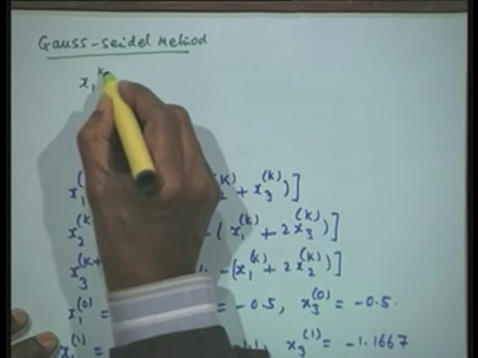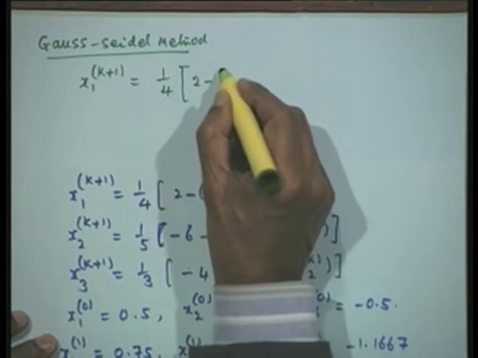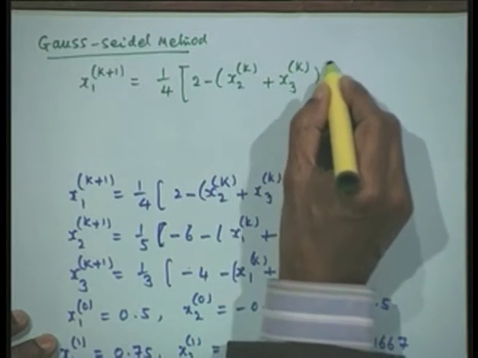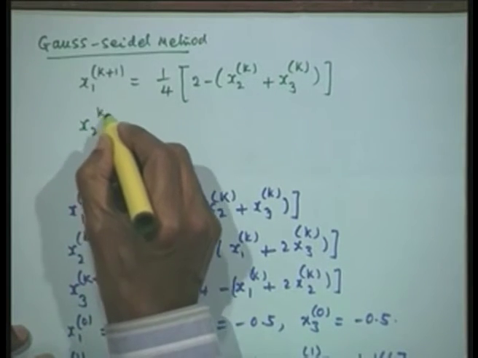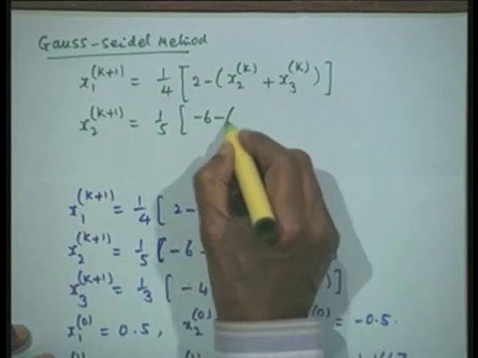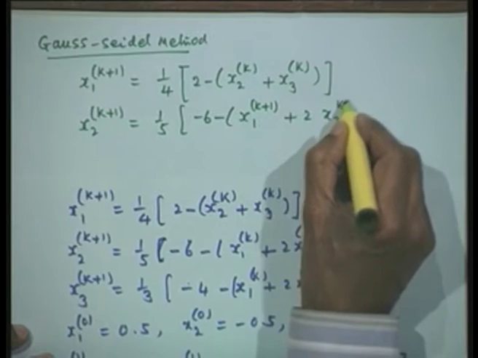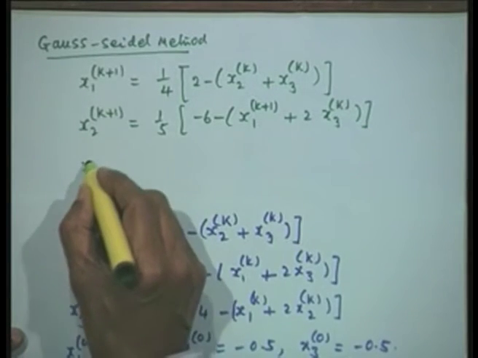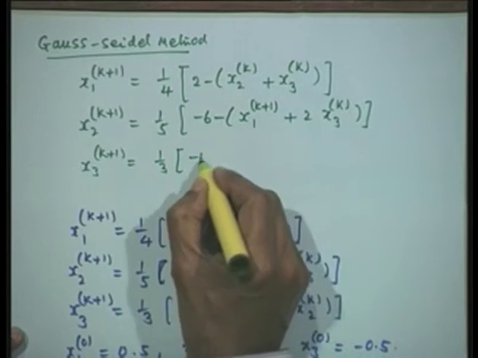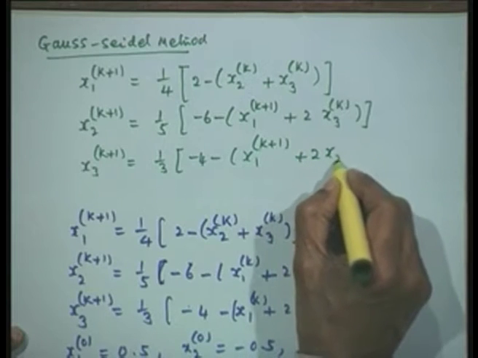So, this will be x 1 of k plus 1, the first equation remains as it is, 1 by 4 times 2 minus x 2 k plus x 3 k, then x 2 k plus 1 is equal to 1 by 5 times 6 minus x 1 of k plus 1, the current iterate, minus 2 times x 3 of k, the previous iterate, then x 3 k plus 1 is equal to 1 by 3 times 4 minus x 1 k plus 1 minus 2 times x 2 k plus 1.